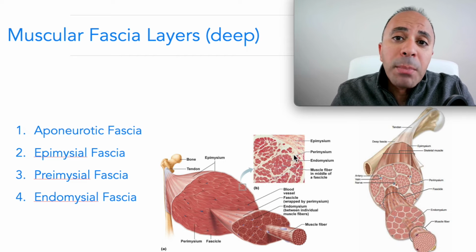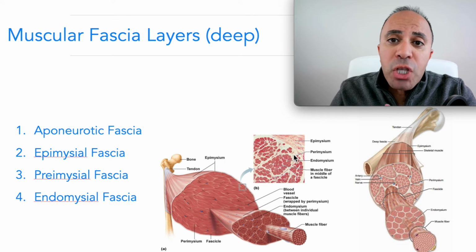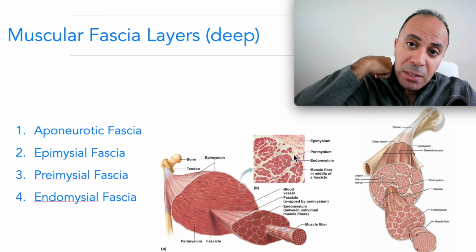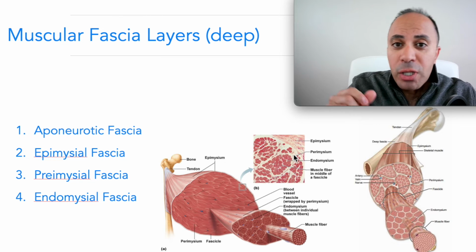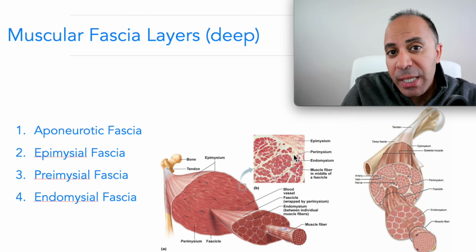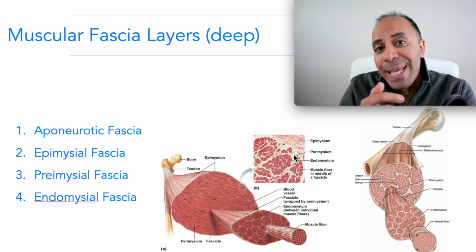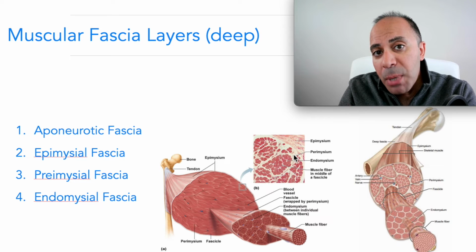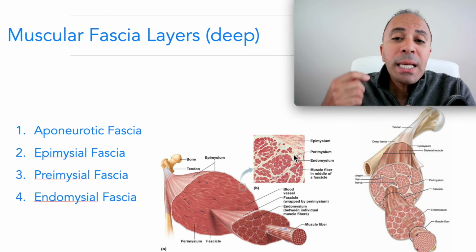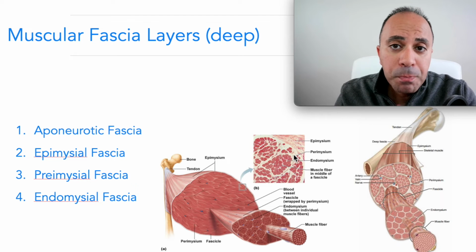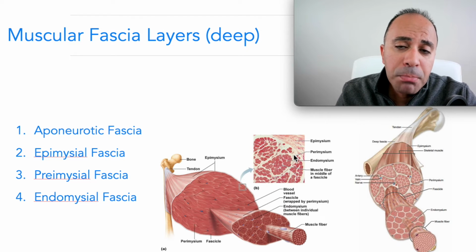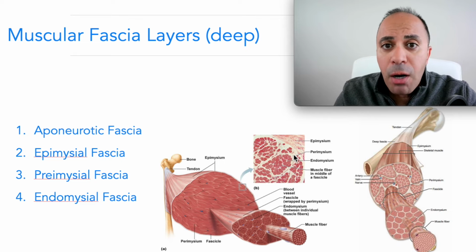Anatomically, you should not have a rope in the muscle, especially in the muscle belly. You could feel a rope when you go to the tendon that attaches the muscle to the bone, but you should not feel that in the muscle belly. If you feel it in the muscle belly, that's usually a typical sign of fascial restriction and scar tissue.